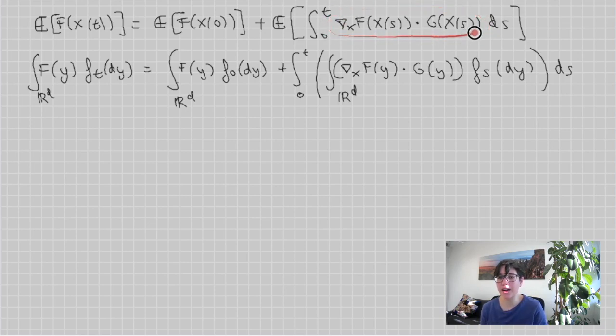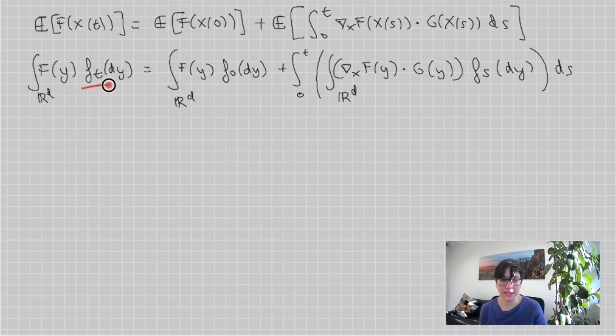It's again a different function. It's not f, but it's the same idea. I have the expectation of this function here. This is going to be the integral of this function against the law of x_s, and the law of x_s is precisely f_s. So now I have this expression above written in terms of integrals.